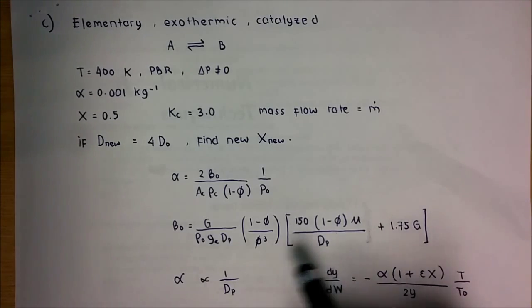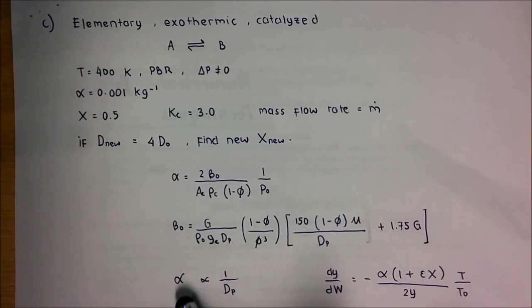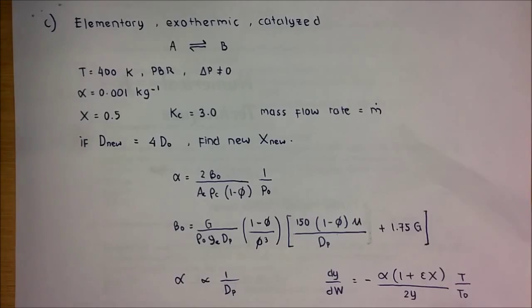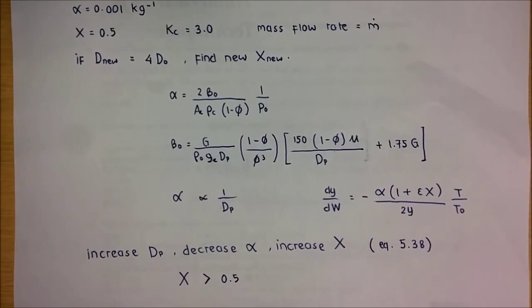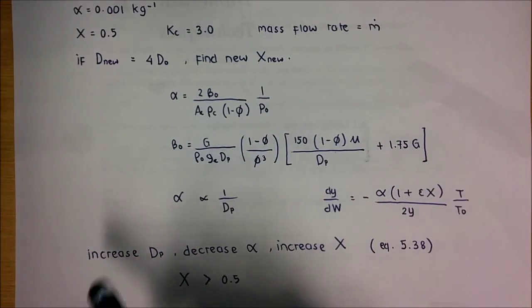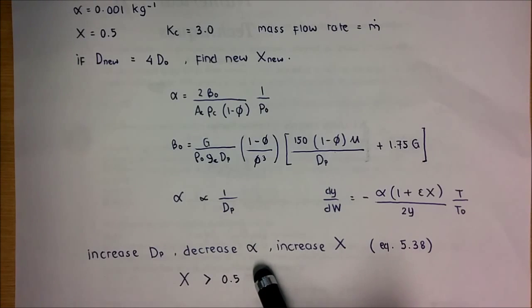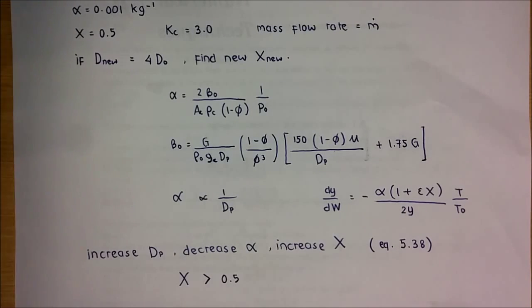From these two equations we can see that alpha is inversely proportional to particle diameter. Then we can conclude that if we increase particle diameter, it's going to decrease alpha, and the other way around, it's going to increase the conversion. So we can answer that the new conversion is going to be bigger than 0.5.